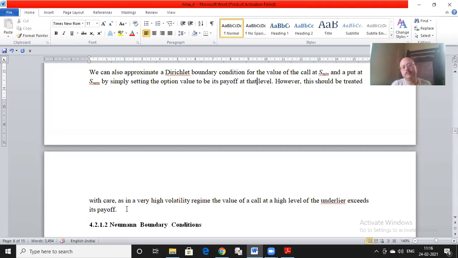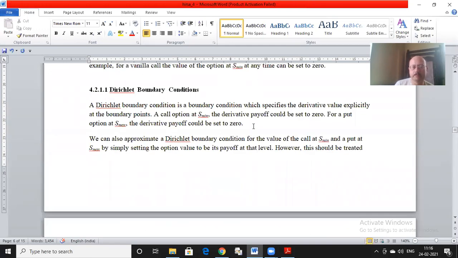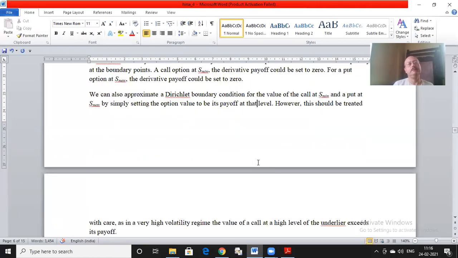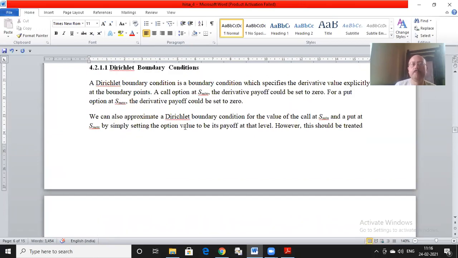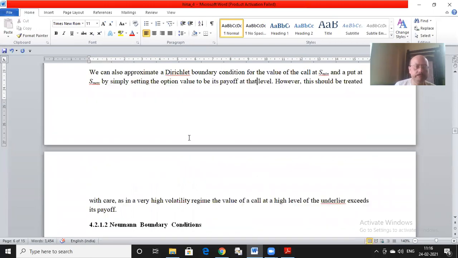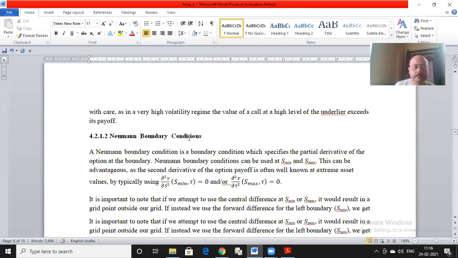So this is one set of boundary conditions, Dirichlet, and they normally work very well. It is very simple to specify, and it will work well unless we are in a very high volatility regime. So this is one strategy, which makes very good sense.